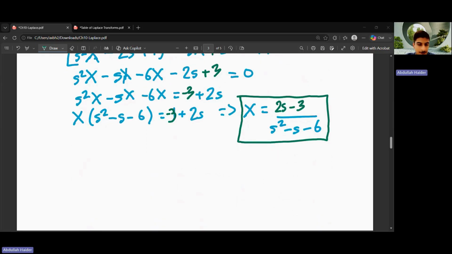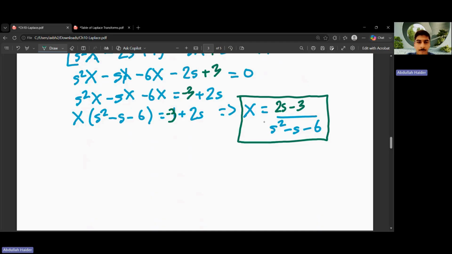Now what you will do is you will take the inverse Laplace, but you can only take the inverse Laplace if you have a proper fraction. So basically, what you have is your big X of s, and you need to transform this to your X of t, meaning you need to take the inverse Laplace of both sides.